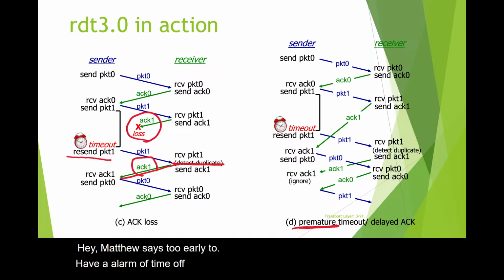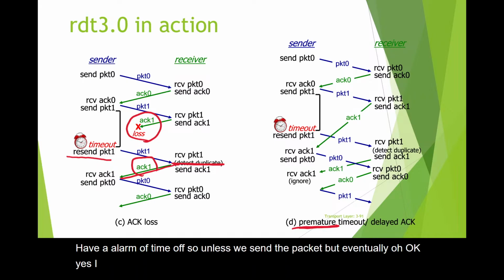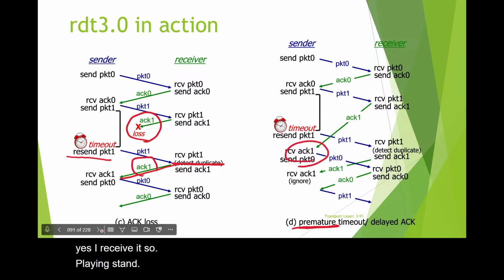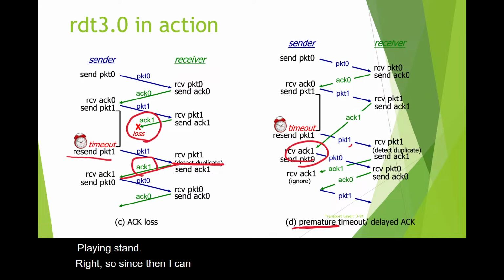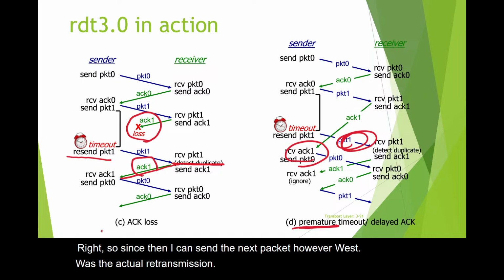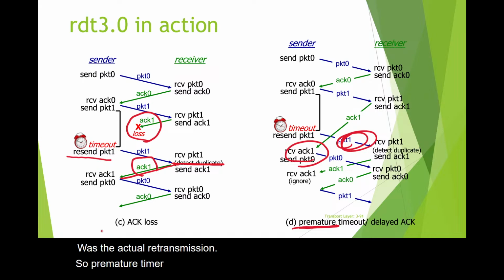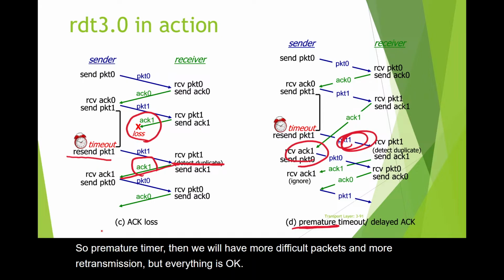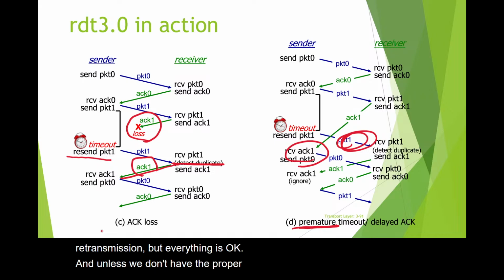So we send the packet, but eventually, okay, I receive it, so things are done. Then I can send the next packet. However, where's the actual retransmission? With a premature timer, we will have more duplicate packets and more retransmission, but everything is okay, unless we don't have the proper time setting for the timer.